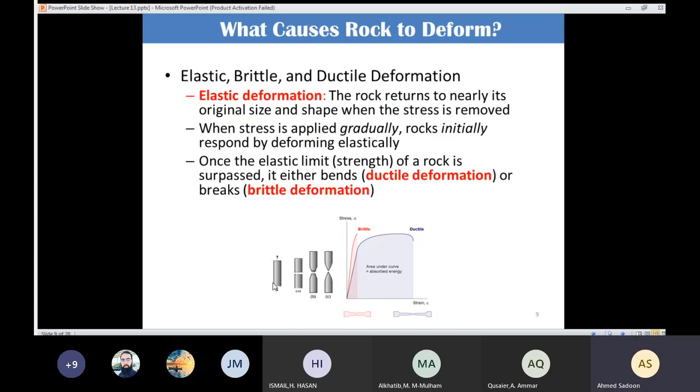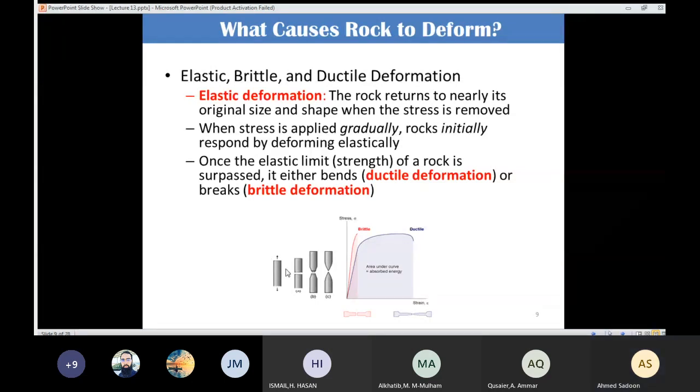We have a small bar, and as you can see, we apply a force. And this time we didn't remove the force. We are going to stretch that bar until we reach the ultimate capacity. We said that each and every material has a certain level of stress. If you exceed that level of stress, the failure will take place.